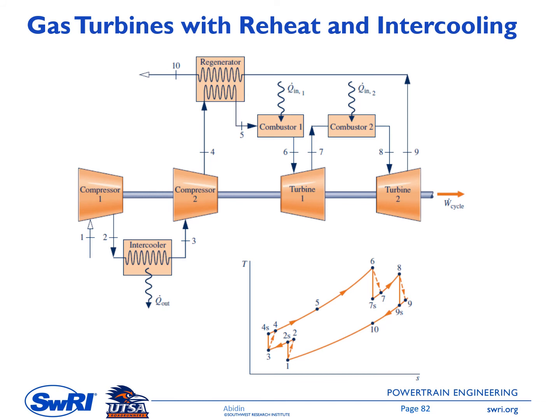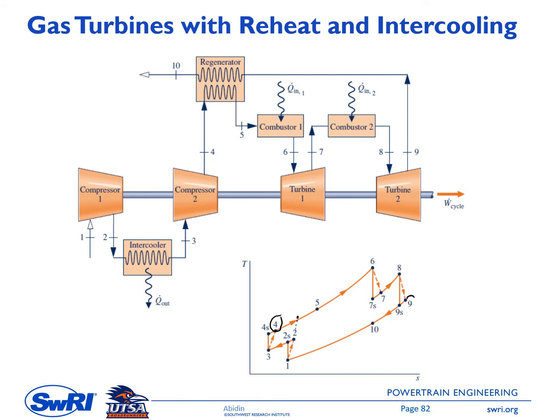Okay, why is the potential for regeneration enhanced? First, by having an intercooling, the temperature will be at 4 here. But if we don't have an intercooler, the temperature at the exit of the compressor will be somewhere here. And then on the right side, by having a reheat, the temperature at the exit of the turbine will be hotter.